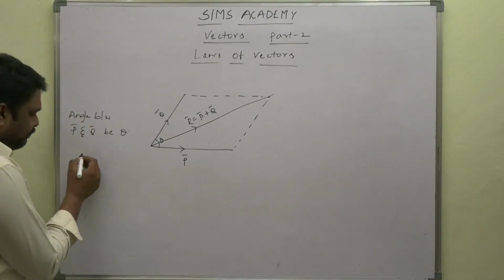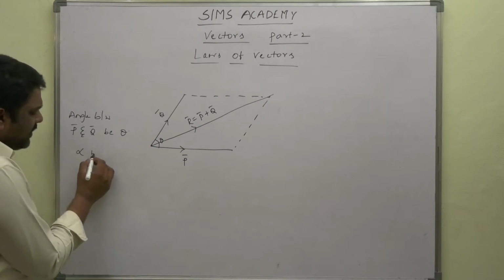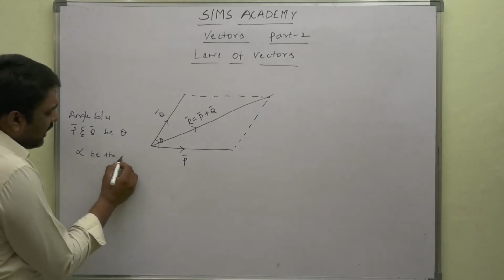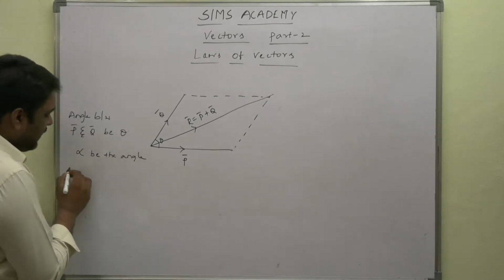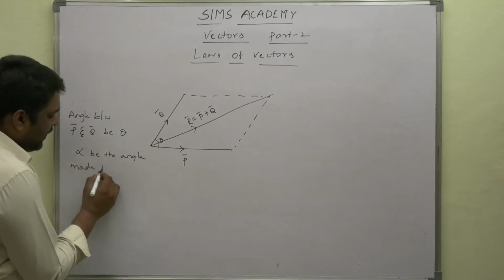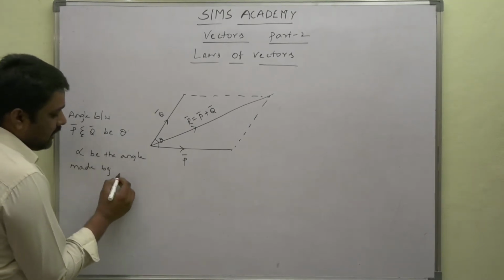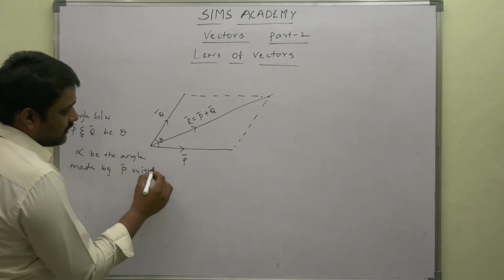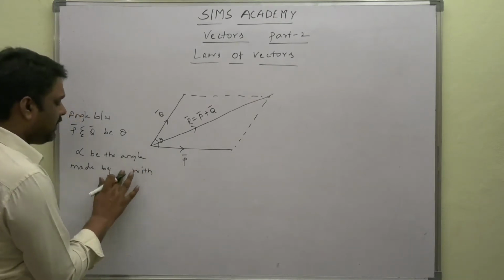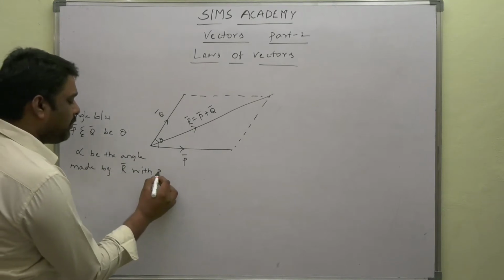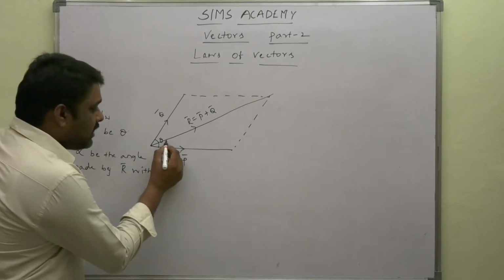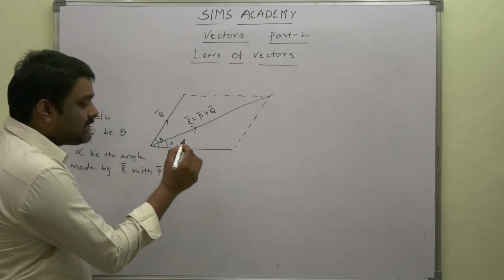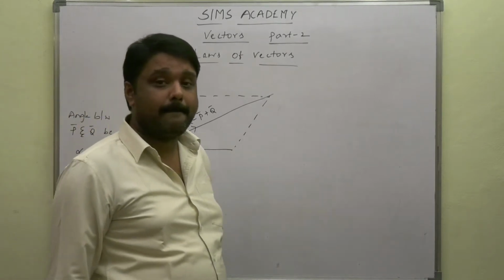Then let alpha be the angle made by P bar with the resultant, or the resultant with P bar. That means the angle between these two is alpha.